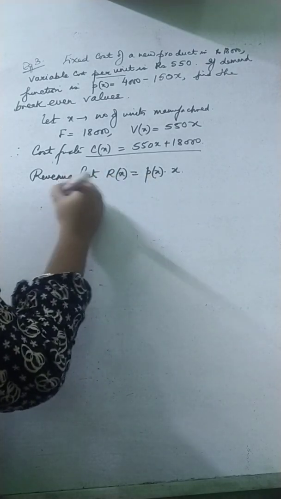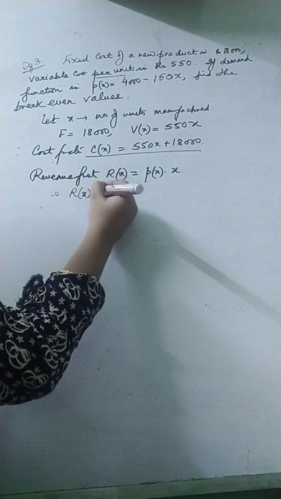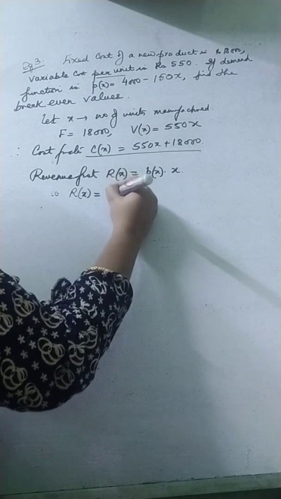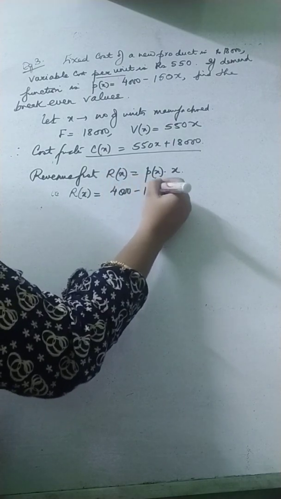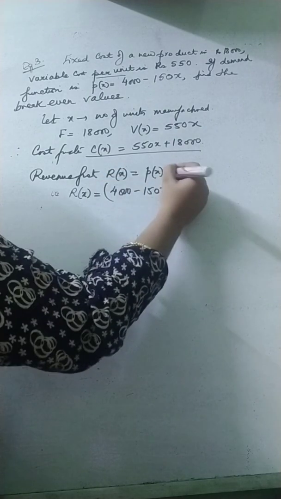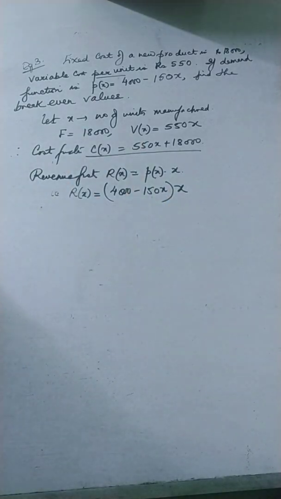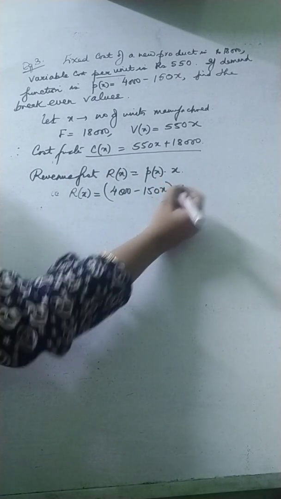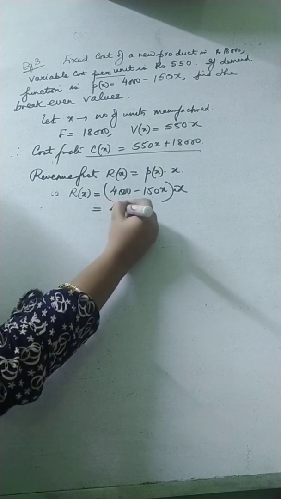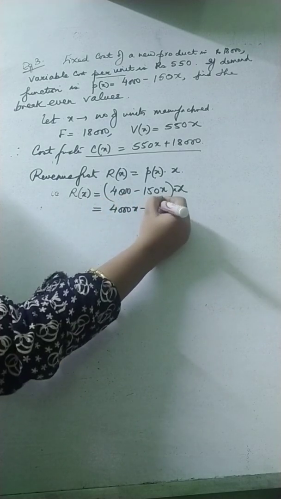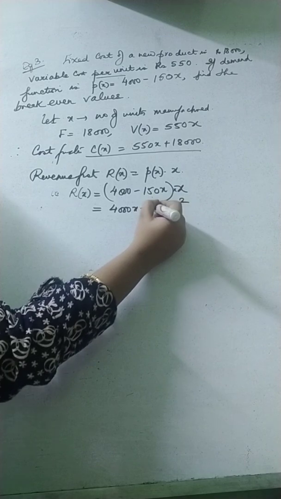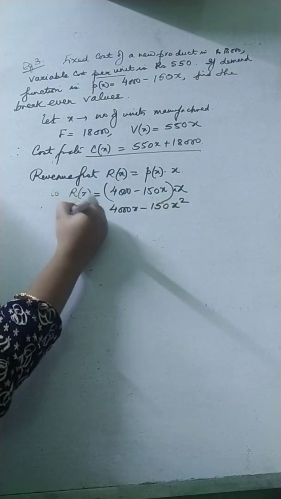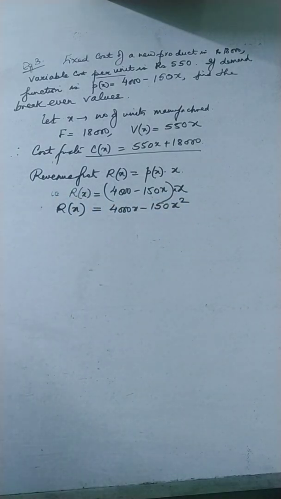Rx is equal to 4000 minus 150x, multiplied with x. So what do we have? We have 4000x minus 150x squared. And this is your Rx. So this is your revenue function given by 4000x minus 150x squared.